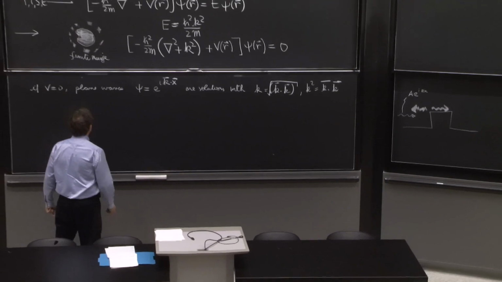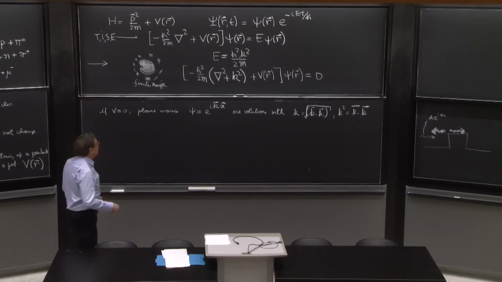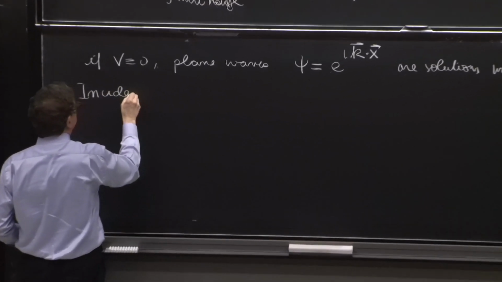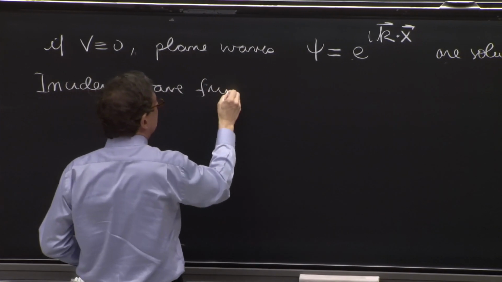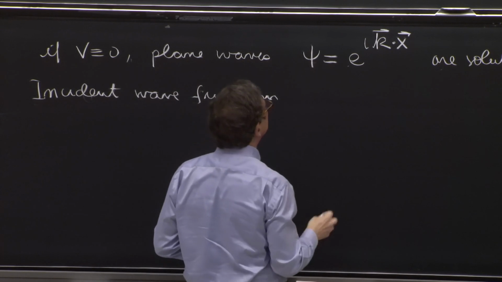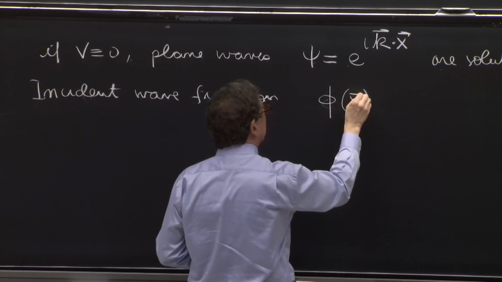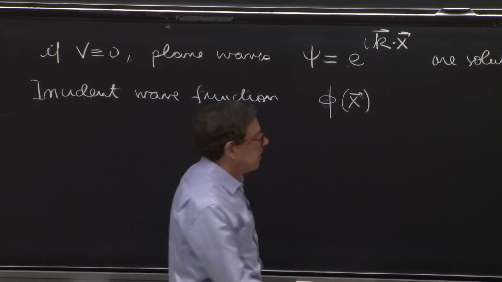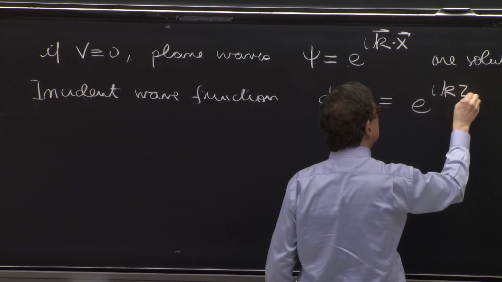We're going to put in an incident wave function, and instead of writing psi, I will call it phi of x, the incident wave function. It's going to be just e to the i k z.